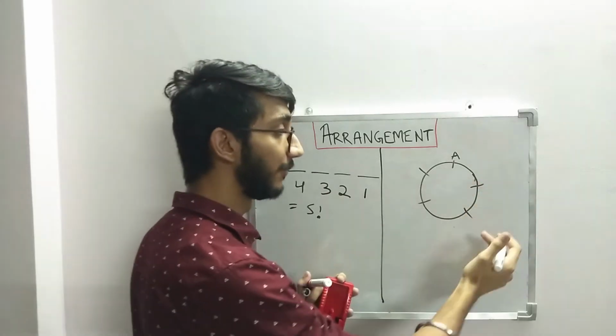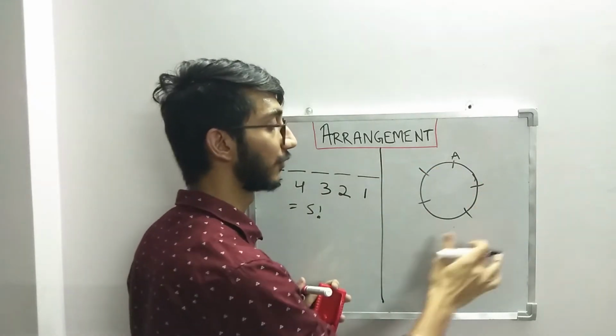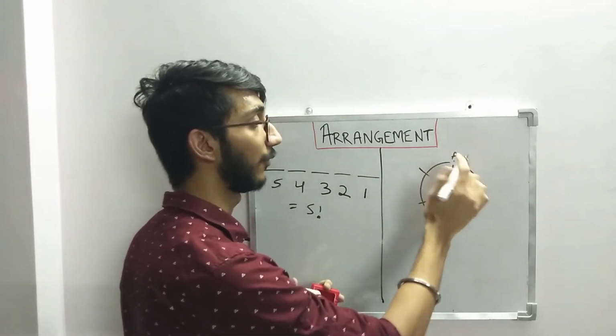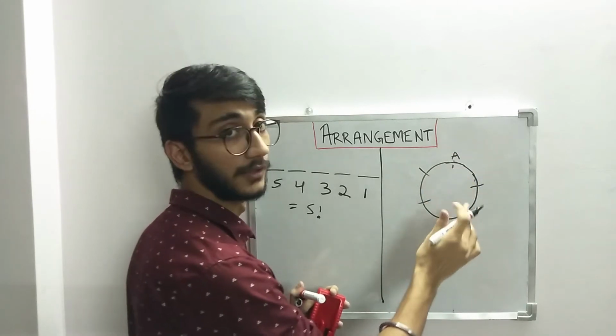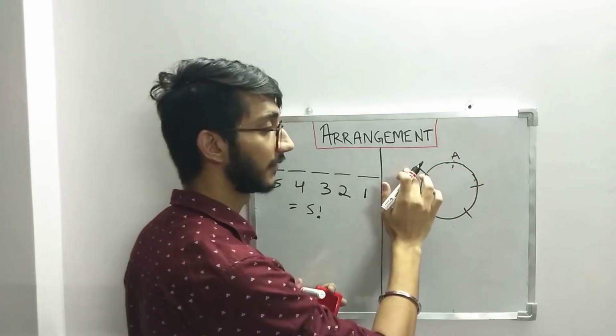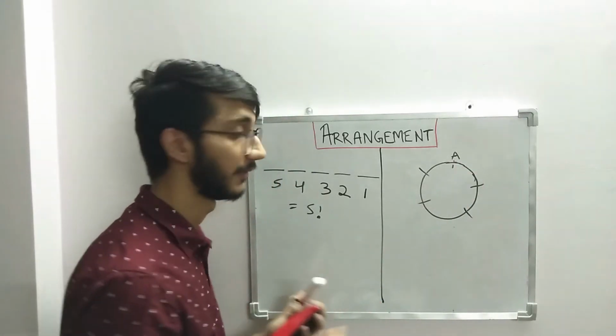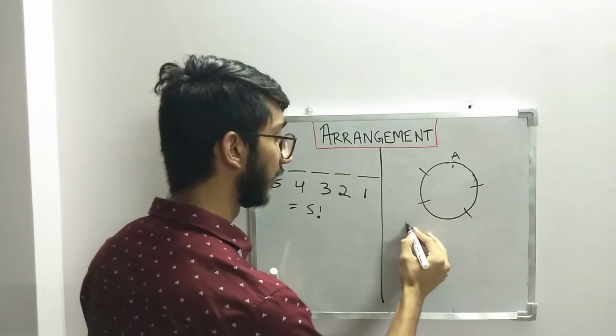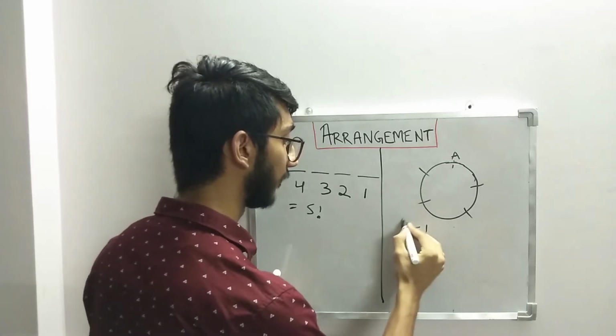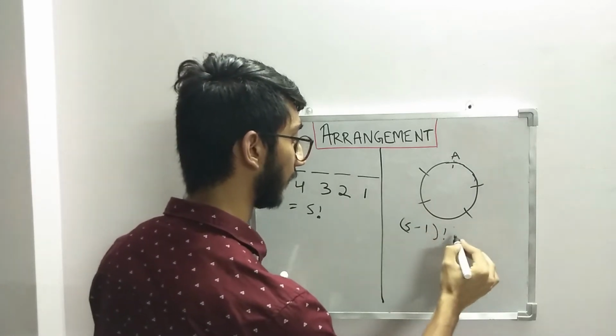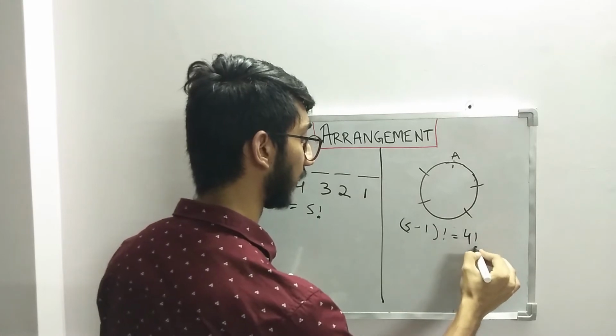So now next B will come. Now B will have four choices because A has defined a point on the circle. So B will have four choices, C will have three choices. So that means in case of a circular arrangement, my total cases will be 5 minus 1 factorial, that is 4 factorial.